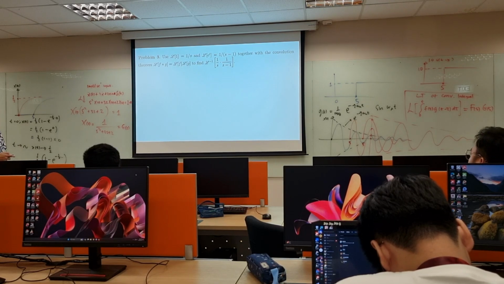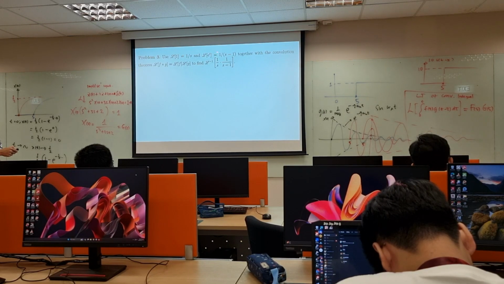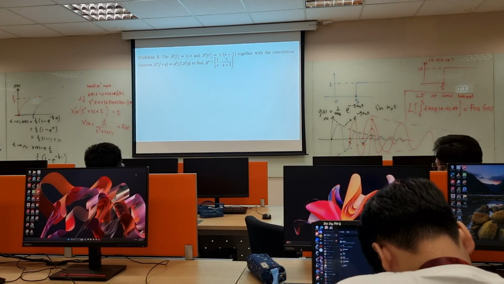Another example is this. The problem asks us to use these two Laplace transform pairs. The first pair is the step, and the second pair is the exponential function. What we need to find is 1/s times 1/(s minus 1).